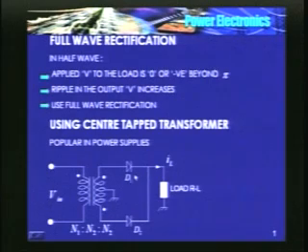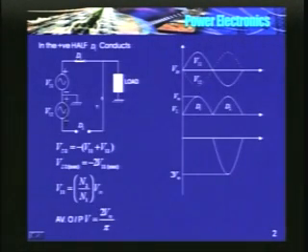So what is the equivalent circuit when D1 conducts? V11 is the voltage induced in the upper half of the secondary of the transformer. V12 is the voltage induced in the lower half of the secondary of the transformer.